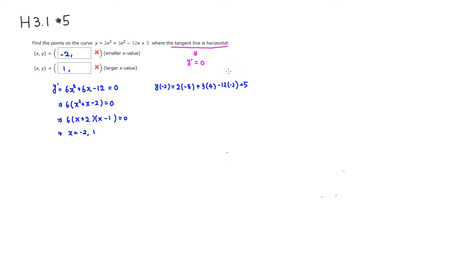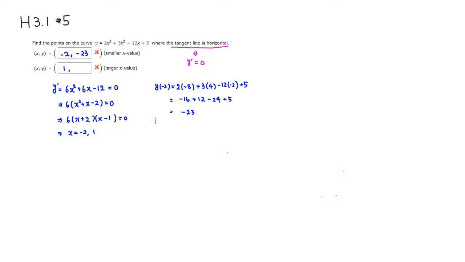So this is going to be negative 16, this is going to be positive 12, this is going to be minus 24, and then plus 5. Combining, it's going to be negative 23.